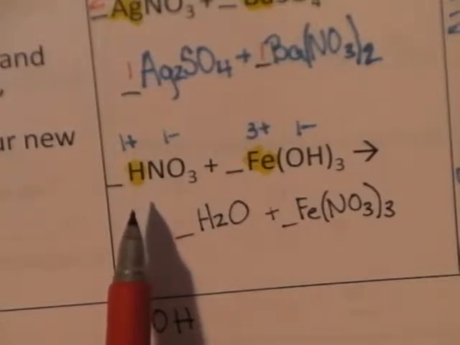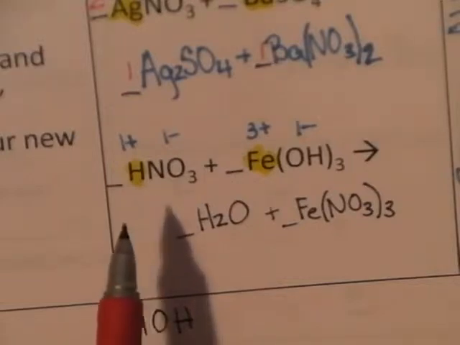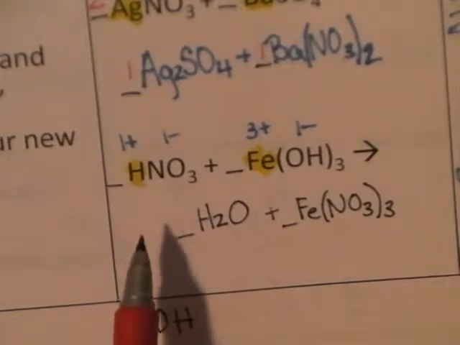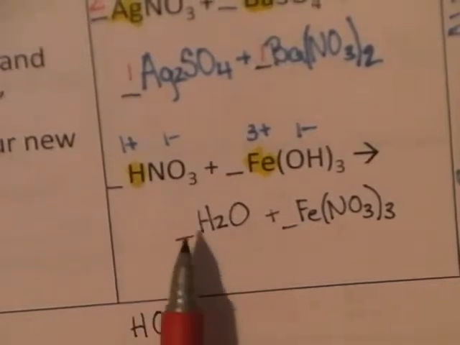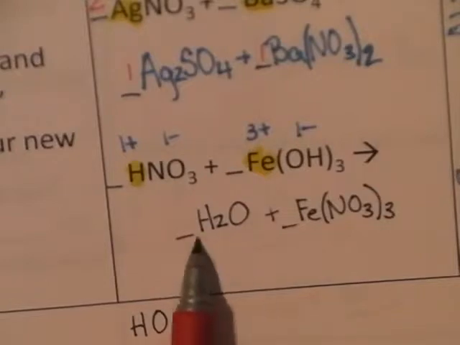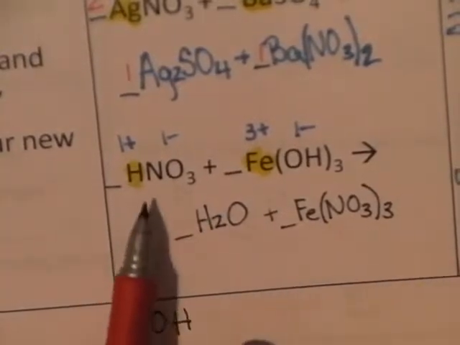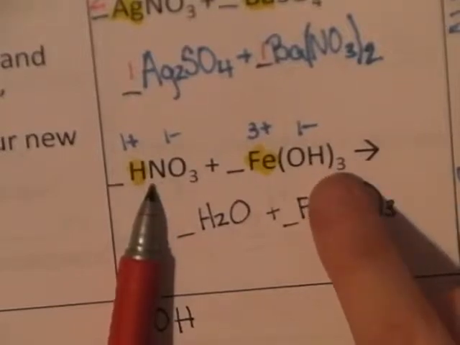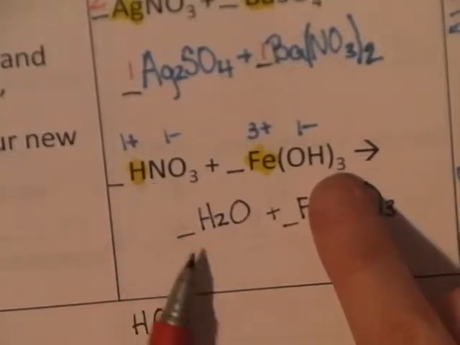So, in this case, I'm trying to think of the best way to explain this without actually being in front of you. Remember we put the water, the HOH together to make water. So you actually have to count the hydrogens from here and here, okay, to be able to balance this.